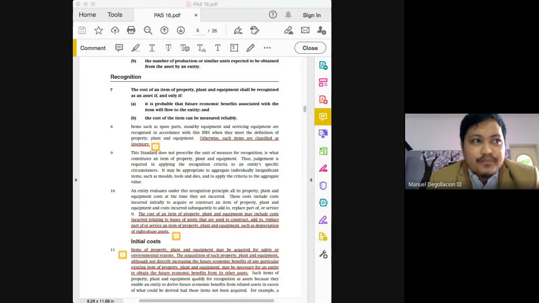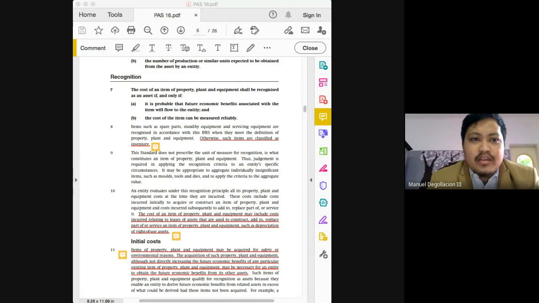I told you that all the other standards that govern a specific element of the financial statements, a specific asset, liability, income, or expense, will tell you when a particular asset, liability, equity, income, or expense will have to be recognized. Okay, but even then, class, I did not tell you this before. When you go over the other standards, the criteria as to when an asset will have to be recognized would be very similar or common.